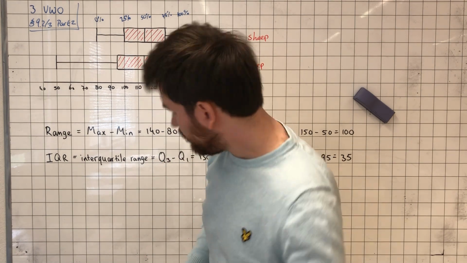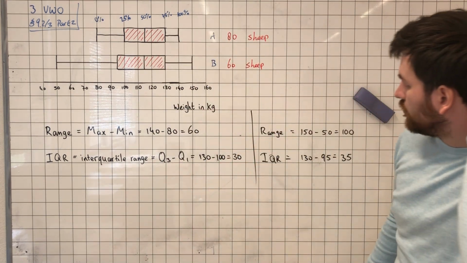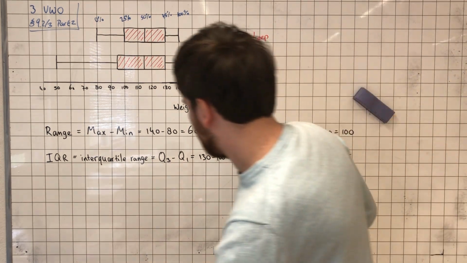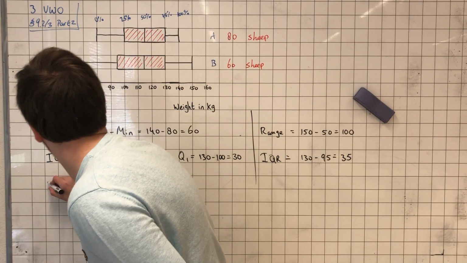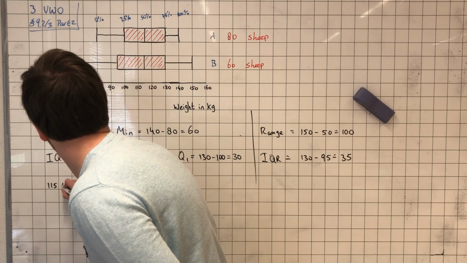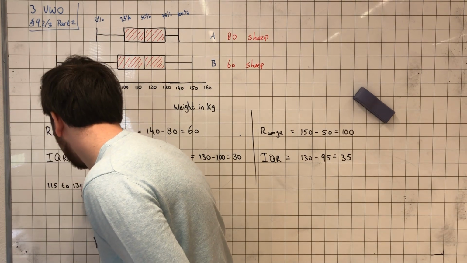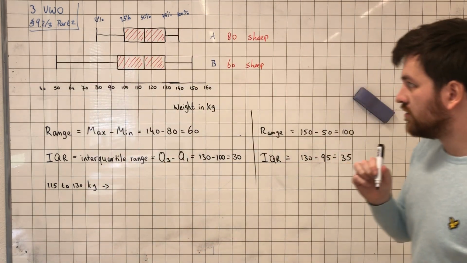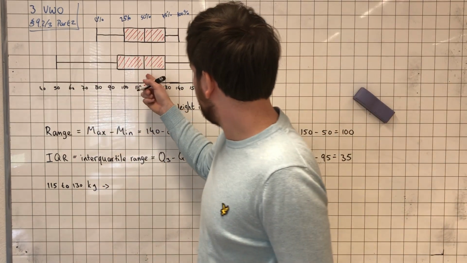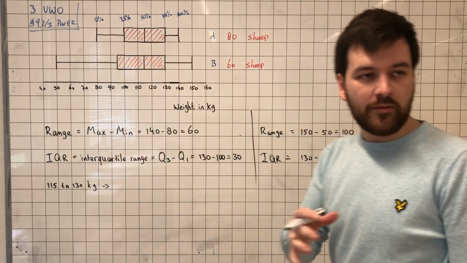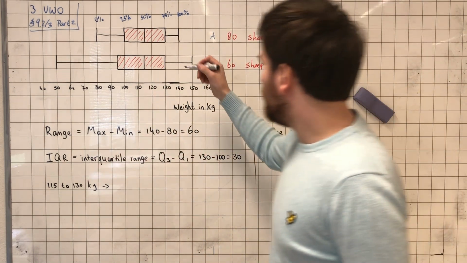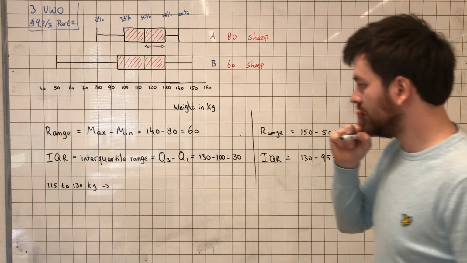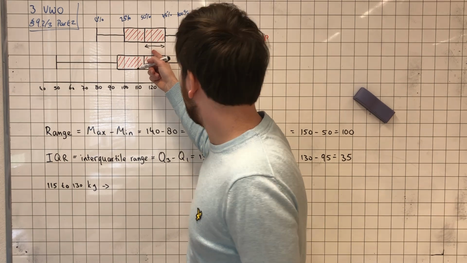So if I'm asking you the question, who has more sheep in the range of 115 to 130 kilograms? Then the answer might look like we have the same amount, but that's not the case, because 25% of my sheep is in between the range.